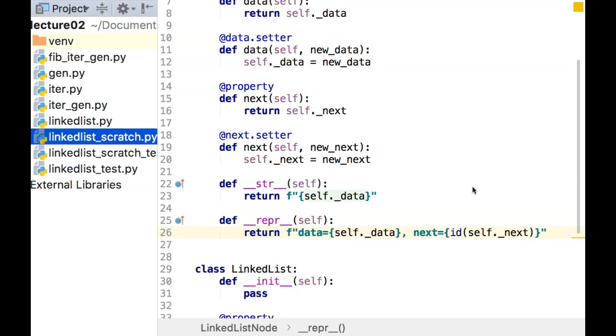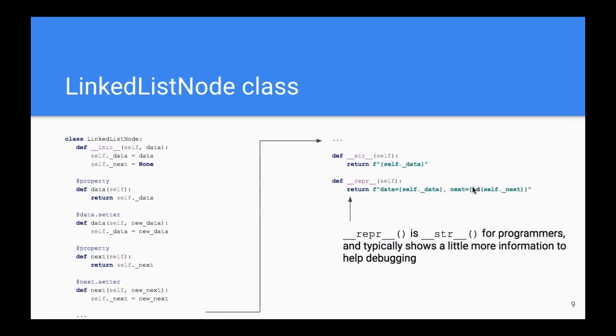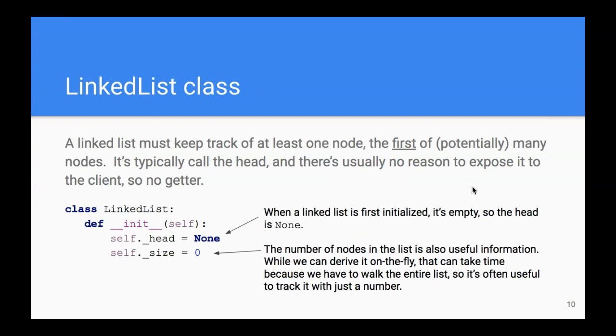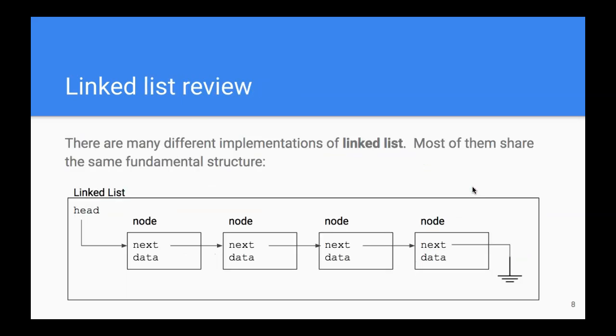Okay, so the next thing we want to define would be the linked list class itself. As we showed earlier, it doesn't really matter what your implementation of the linked list is. You almost always want at least a pointer or reference to the very first node in the linked list.